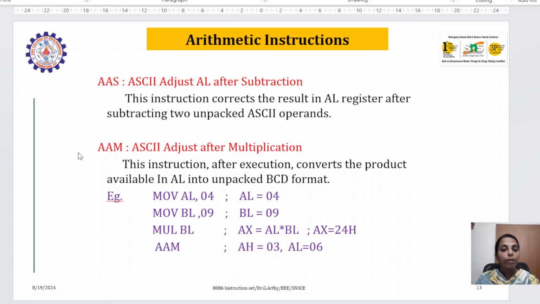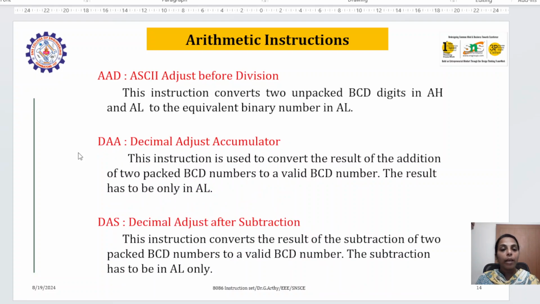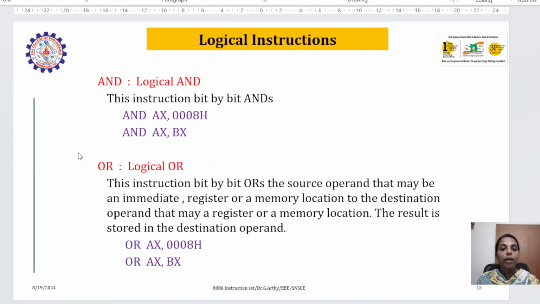Then ASCII adjust after multiplication, AAM. Similarly, we have AAD. Another instruction is to adjust the decimals. It converts the result of packed BCD numbers into valid BCD numbers. For that we have DAA and DAS for addition and subtraction respectively.